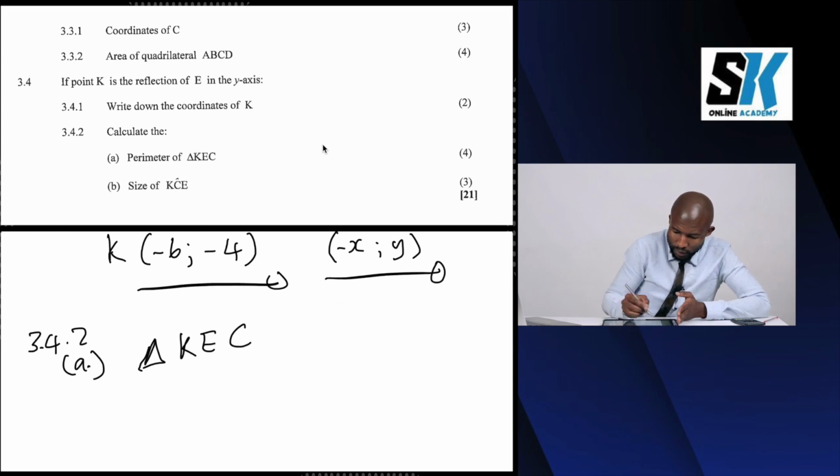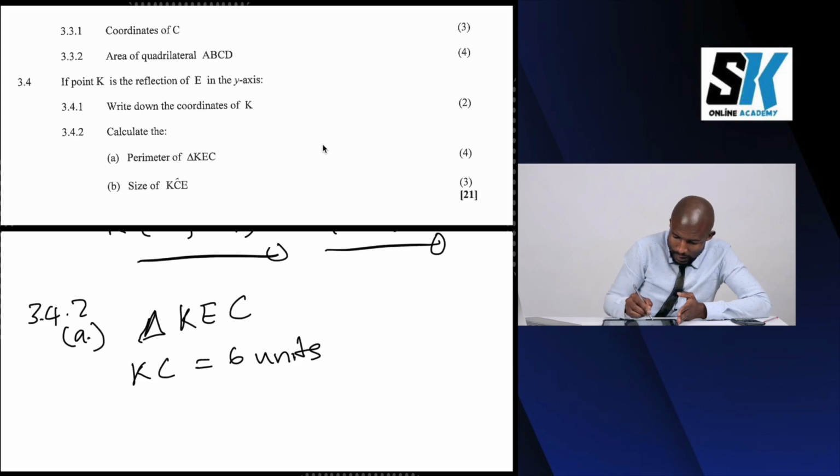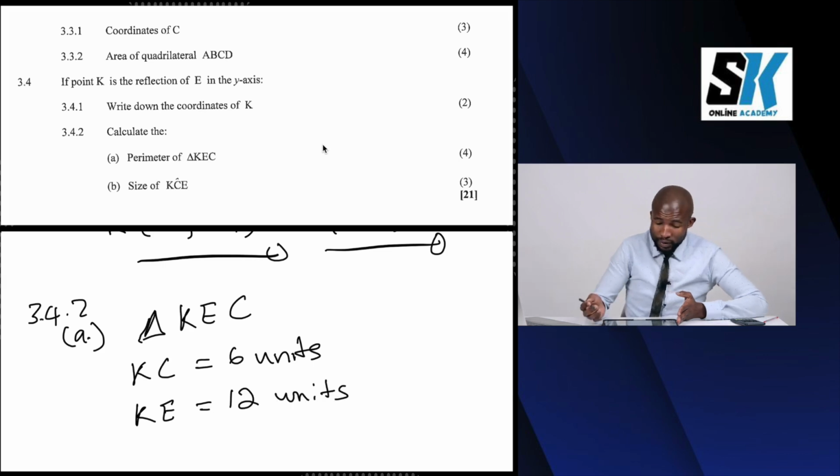So we already know that KC is 6 units, and then KE is 12 units, which would be your hypotenuse this time around.